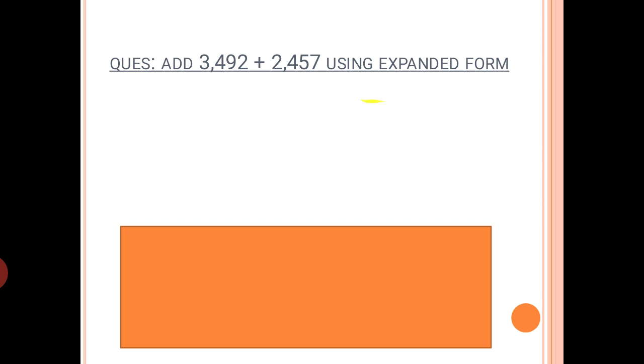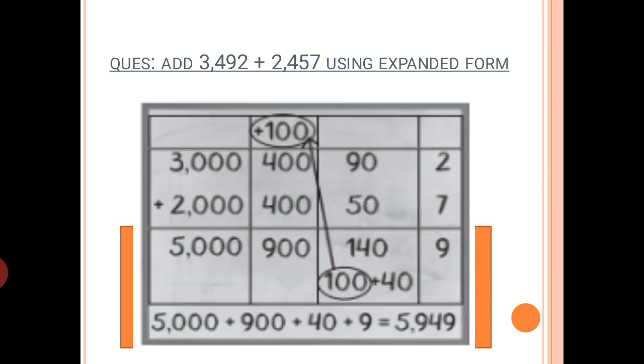Because we are using the expanded form here, first we do the expanded form of these two numbers. 3492 is 3000 plus 400 plus 90 plus 2. This is the expanded form of the first number. And for the second number, we have 2000 plus 400 plus 50 plus 7. This is the expanded form of the second number.